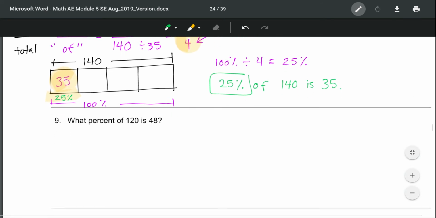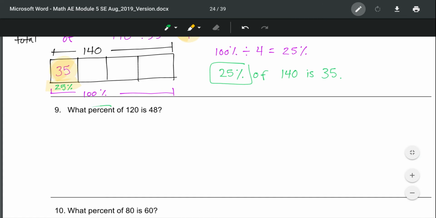Okay, number 9, what percent of 120 is 48? So label your part to total ratio, which to figure out the part to total, look at what's the is and what's the of. So is 48, so that goes in the numerator, and then 120 is the of, so that goes in the denominator.